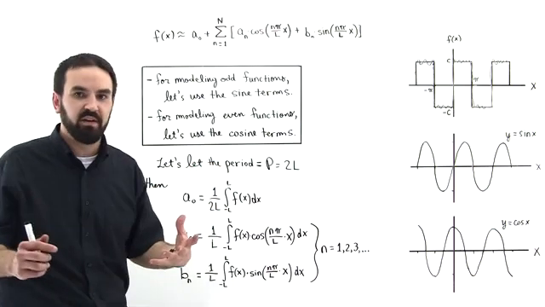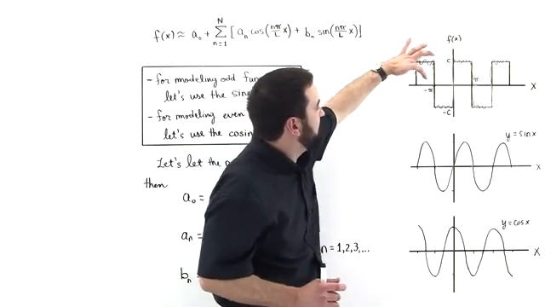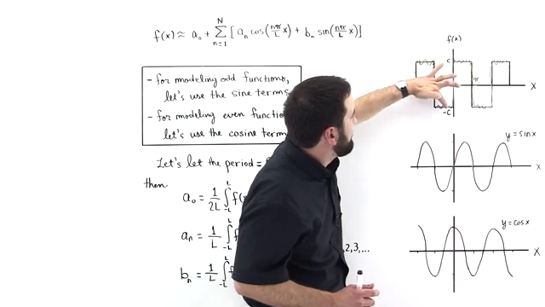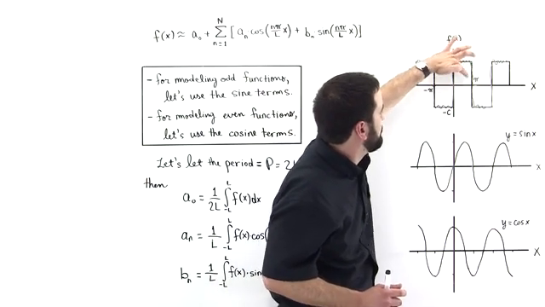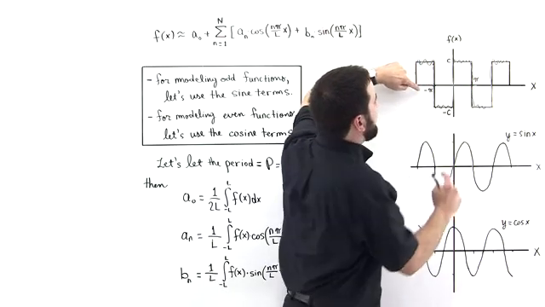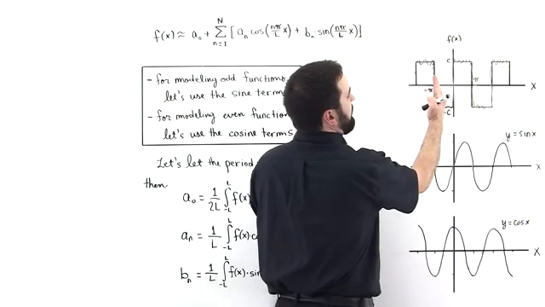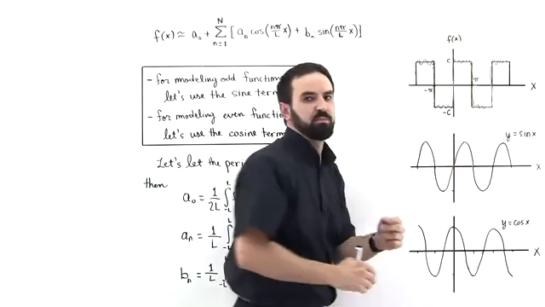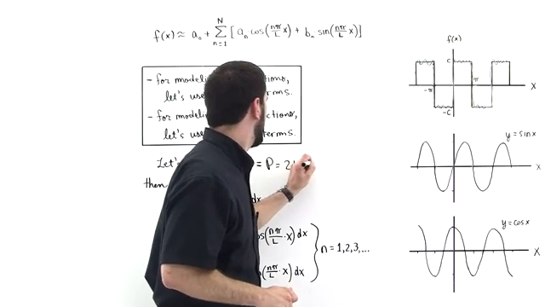That's one period, right? Because this one goes from negative pi. One cycle is this. Boom, boom, boom, boom, boom. That's one cycle, right? Negative pi to pi. So what's the total period? It moves over by pi, and then pi again, so the period is 2 pi. So the period is equal to 2 pi.